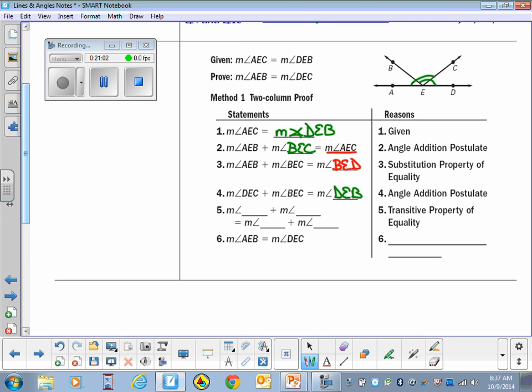Now they're telling me to use transpose. Ooh. So right here, these are equal to each other. So I'm setting these two statements equal to each other. AEB plus BEC. I'm going to say CED plus BEC. Because right here, I really prefer for that to be BED.